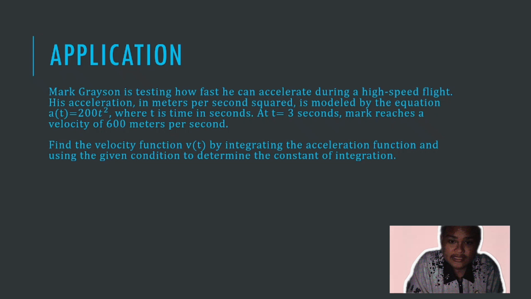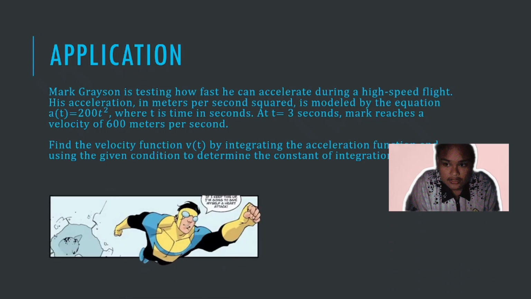At t is equals to 3 seconds, Mark reaches a velocity of 600 meters per second. Find the velocity function v(t) by integrating the acceleration function and using the given condition to determine the constant of integration. So, there's Mark Grayson.